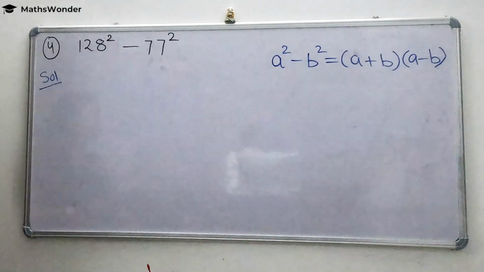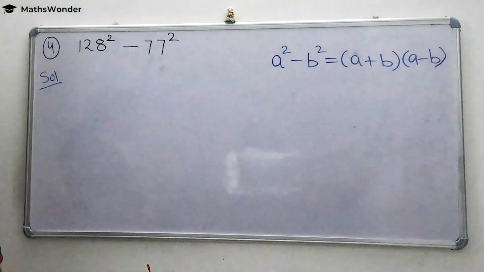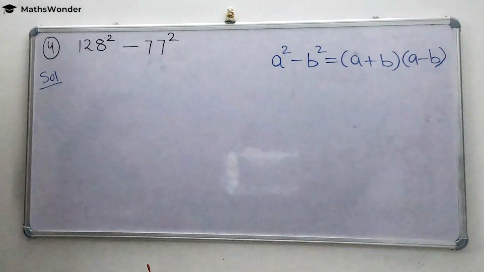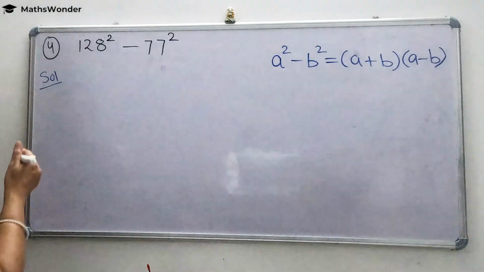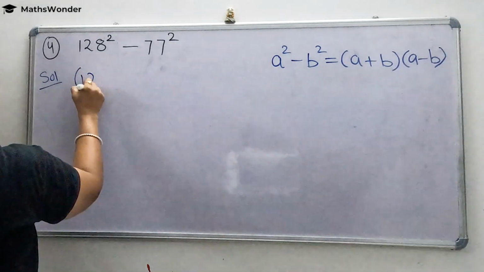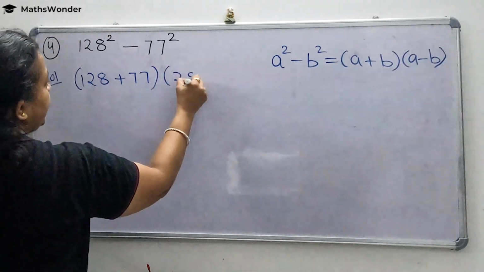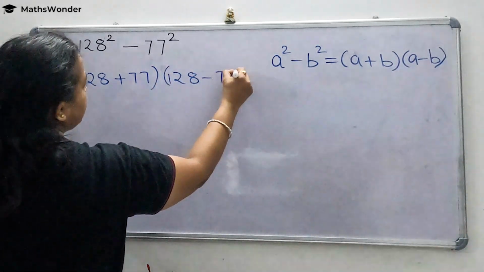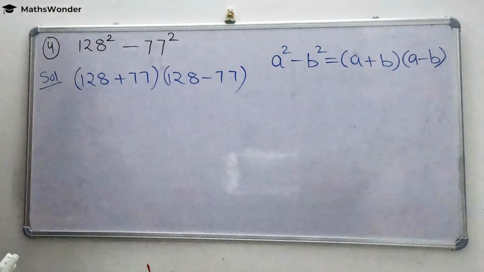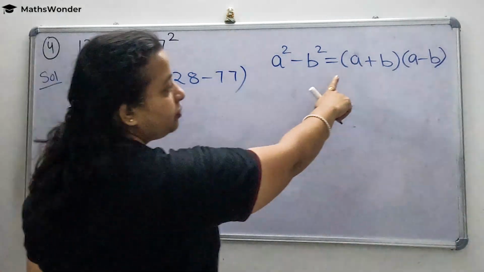If you use your identity, you will get your answer within a minute, once you have done the practice. 128 plus 77 and 128 minus 77. We are applying identity number 3, right?